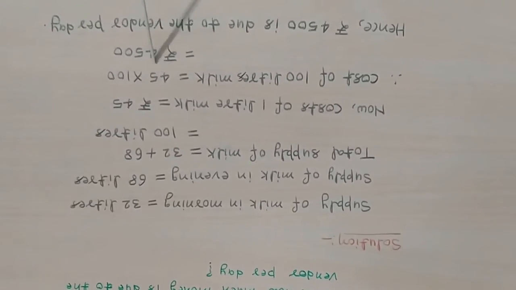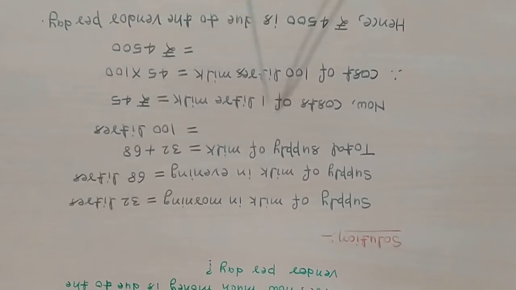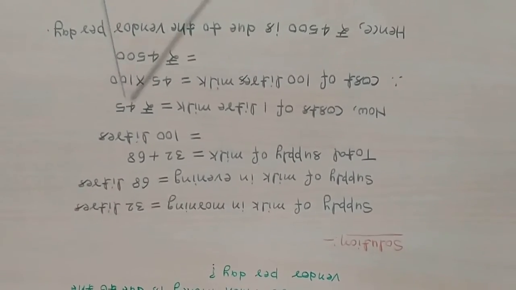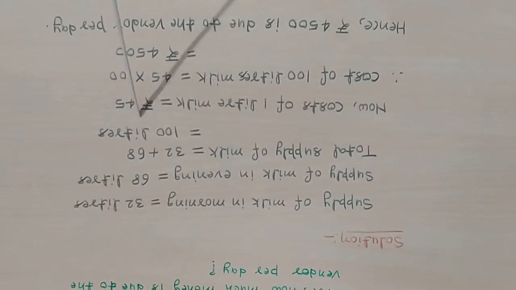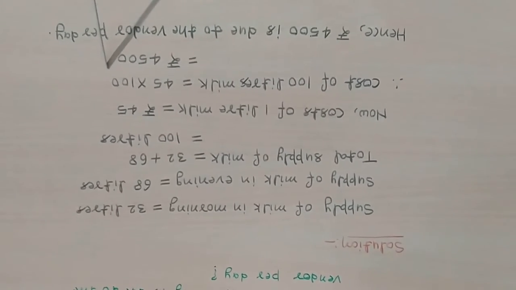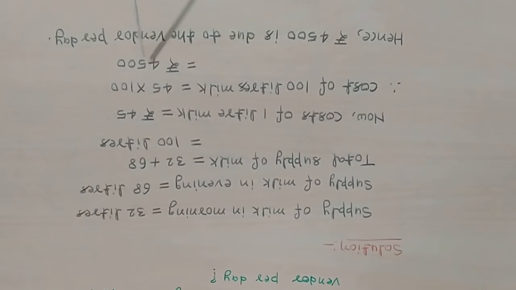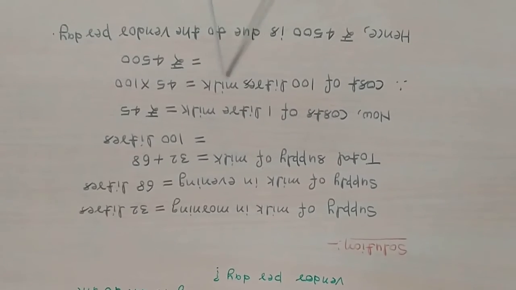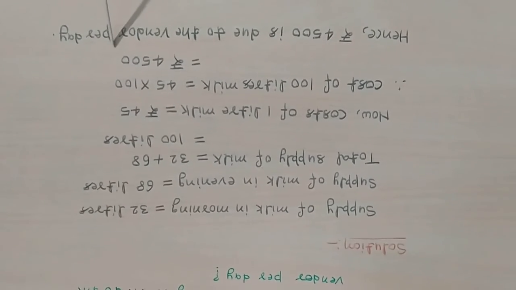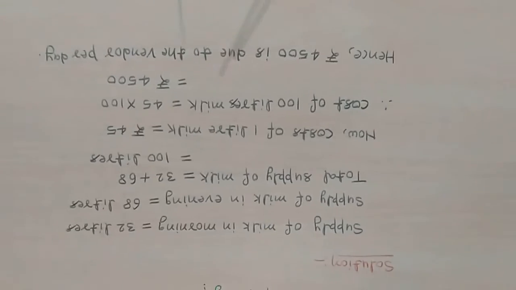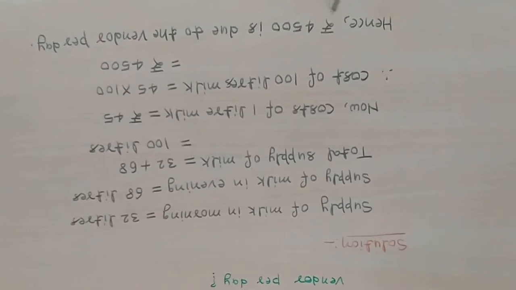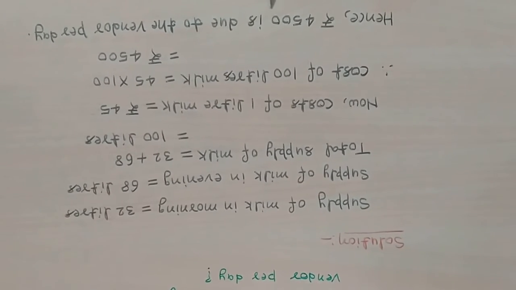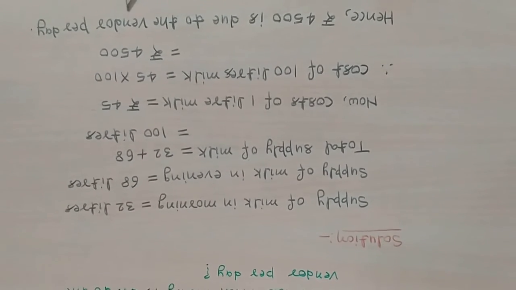We multiply 45 into 100, because the cost of 1 liter is 45 rupees and the total is 100 liters. So we obtain 4,500 rupees. Hence rupees 4,500 is due to the vendor per day.